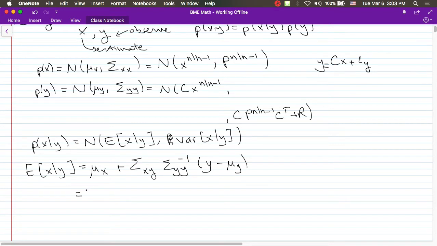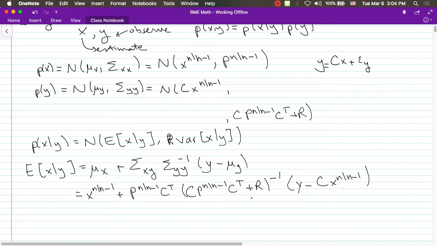Okay, so for that system, the mean of x is going to be my prior plus the variance of xy, which was p of n minus 1 c transpose, then the inverse of the variance of y, which is c p of n minus 1 c transpose plus r inverse, times your observation minus the mean of y, which is c times x of n minus 1. And of course, this we recognize as the Kalman gain.